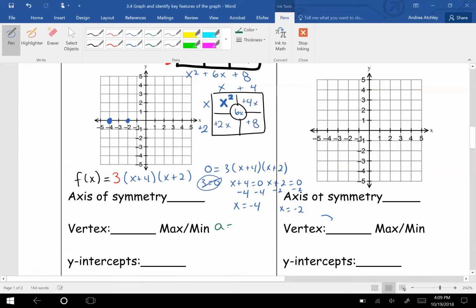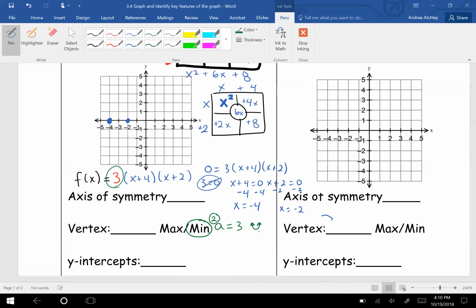So here a is going to equal the number in front, which is our 3. That means my parabola is facing up, and my vertex is a minimum, because the vertex is this lowest point on my graph.